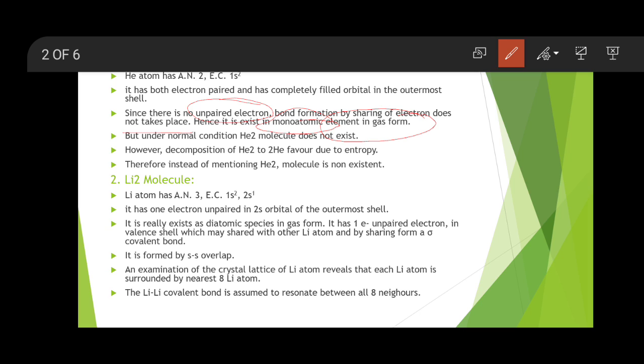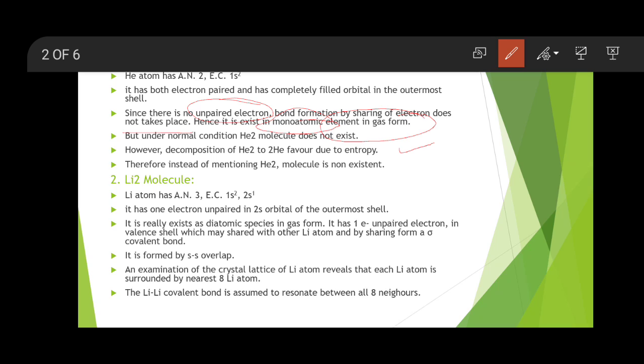Remember, helium is a gas. Under normal conditions, helium molecule does not exist because helium is not in the form of a molecule, but in the form of atoms. However, decomposition of a helium molecule to helium atoms is favored due to entropy, because one molecule of helium, when it dissociates, gives two atoms of helium.